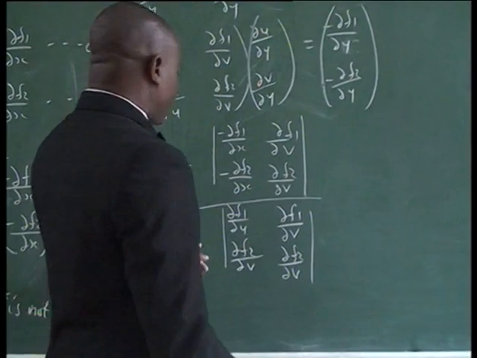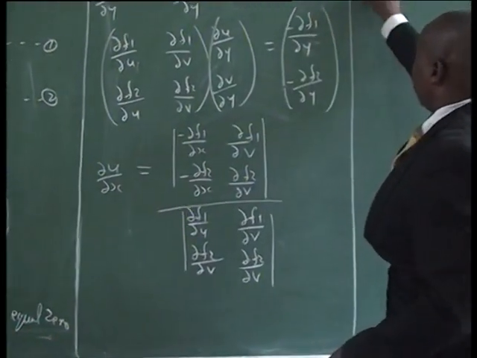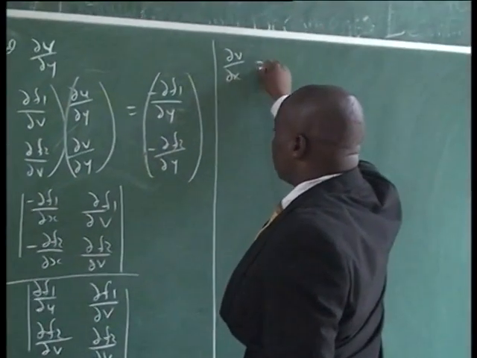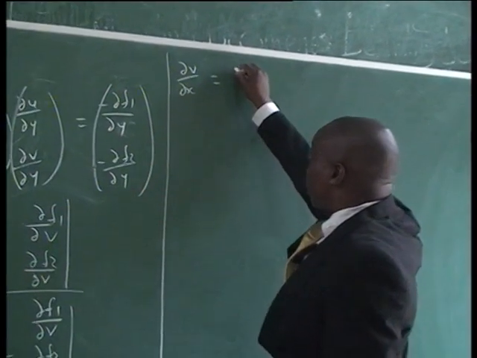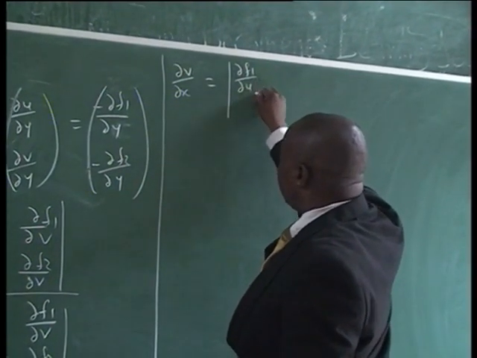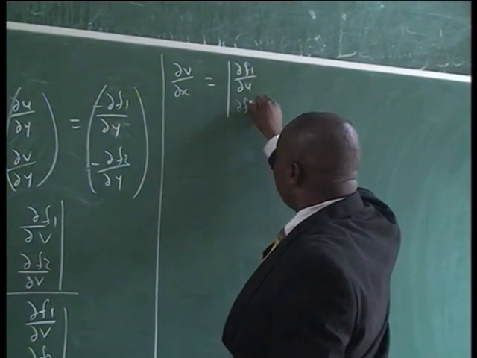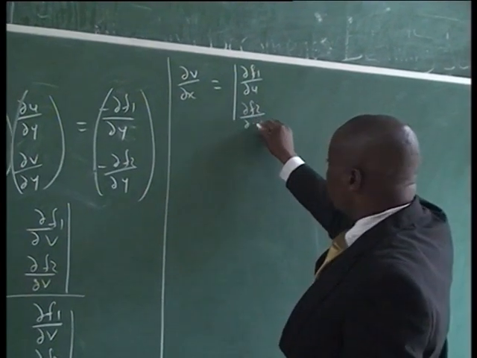Then the same thing will also happen for partial v partial x. Partial v partial x will be the same as partial f1 partial u, partial f2 partial u.